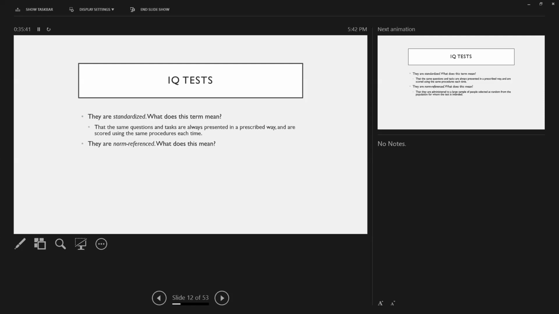Also, they are norm referenced. Does anyone know what this means? Correct answers are based on the answers provided by a large group of people. Exactly right. Administered to a large sample of people selected at random from the population for whom the test is intended.